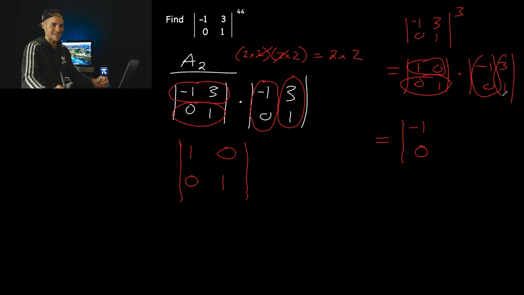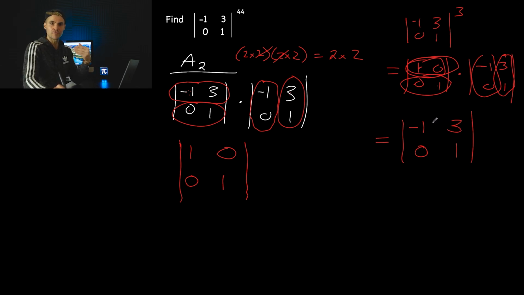First row, second column: 1 times 3 plus 0 times 1 gives us 3. And second row, second column: 0 times 3 plus 1 times 1 gives us 1. Notice that we end up with the same matrix that we originally started with, if we multiply it 3 times.